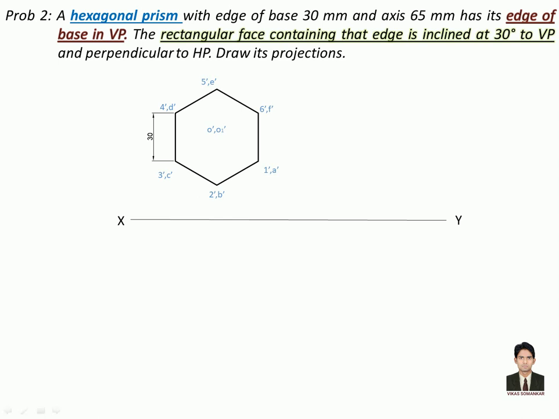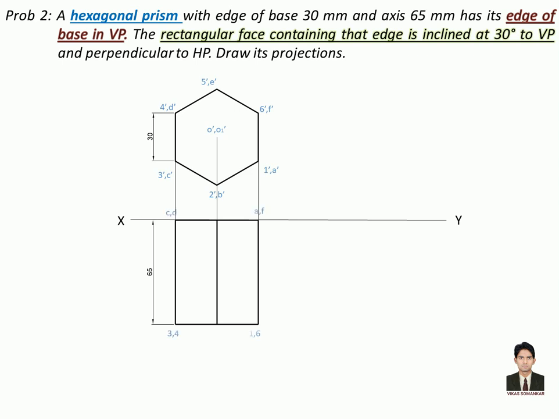There are no slant edges inside the hexagon. After this, we will project the hexagon in top view, and by taking axis equal to 65, we will draw a rectangle like this, and we will name different points of that rectangle. This completes the first stage of the problem.